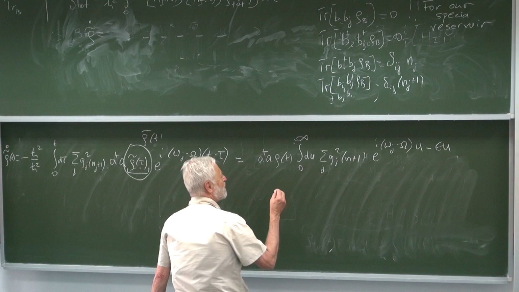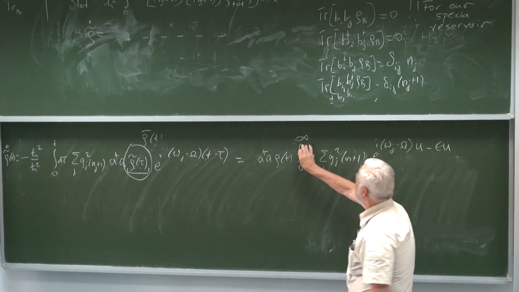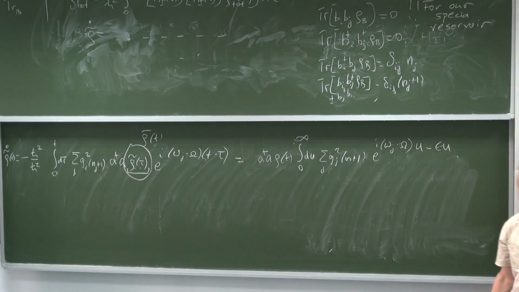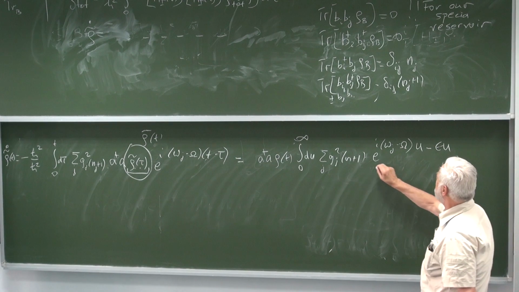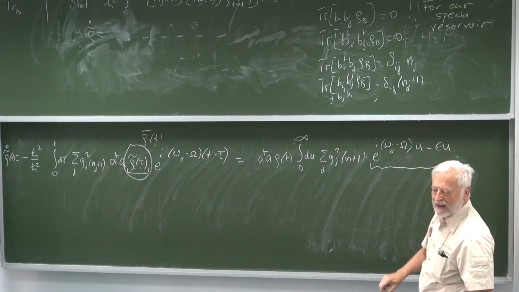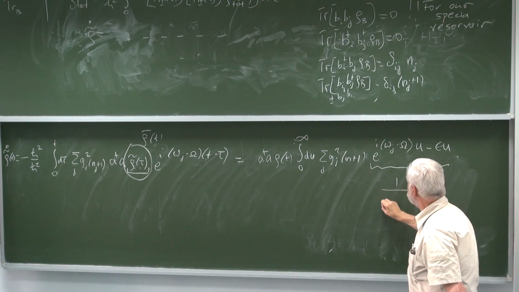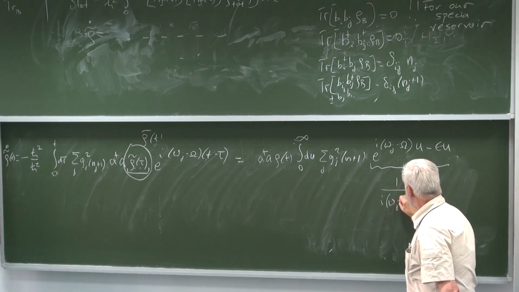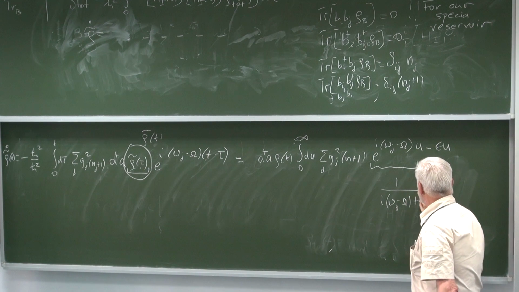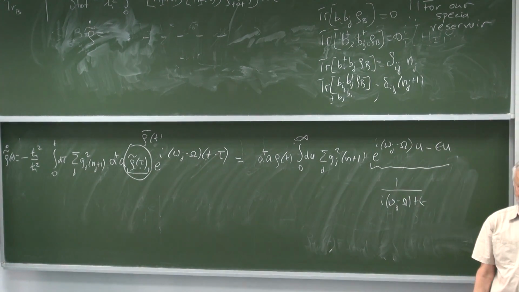Yes? But look, once I made this sin, then I know what this integral is, and immediately you will see why I like it. Because upon integration I get 1 over minus i times omega_j minus omega plus epsilon. Wow, we know it, yes?